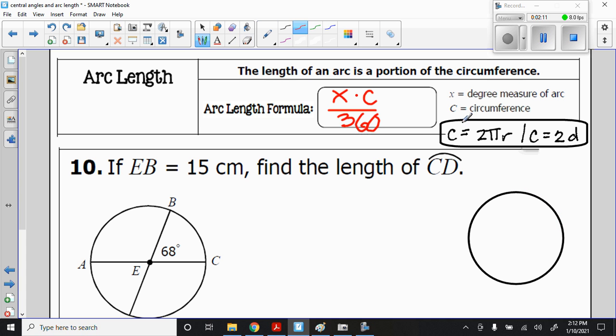So the reason why we have this circumference is easy, but there are two formulas. It's based on if they give you a diameter, which goes all the way through.